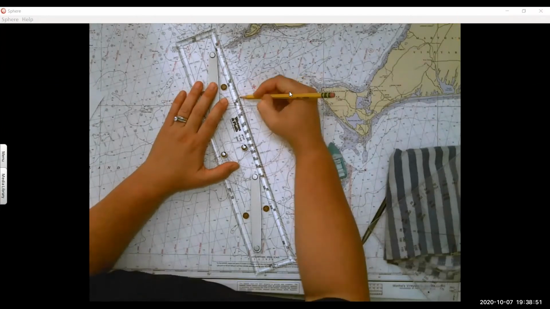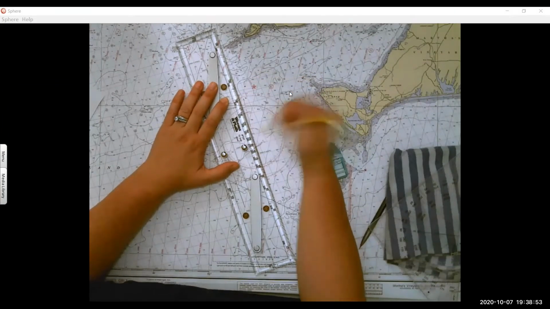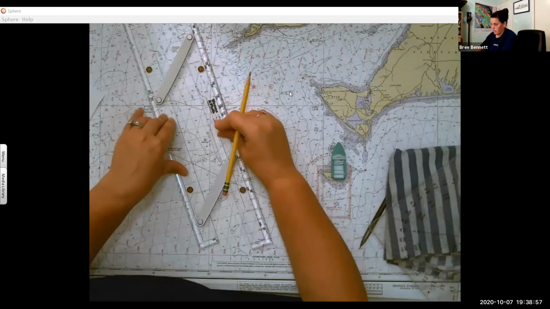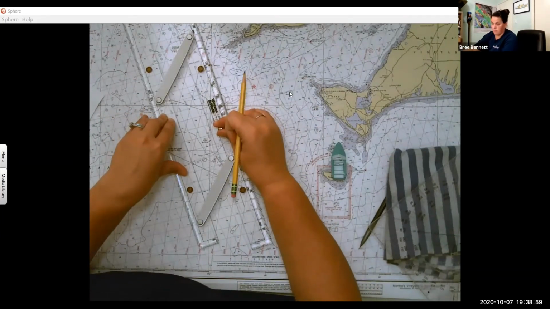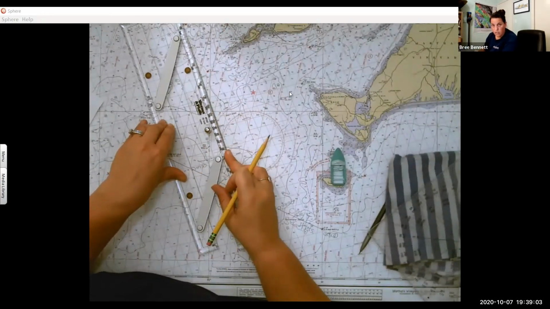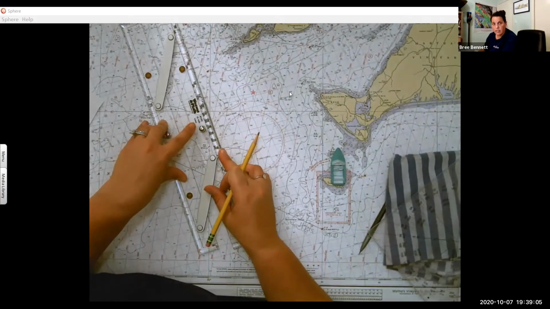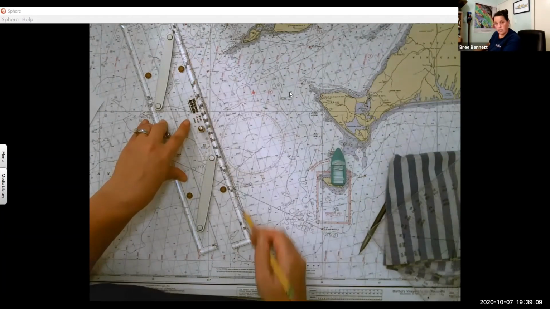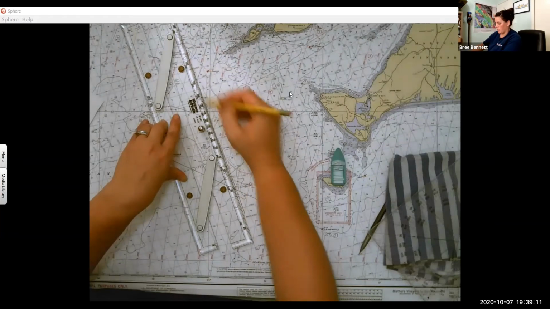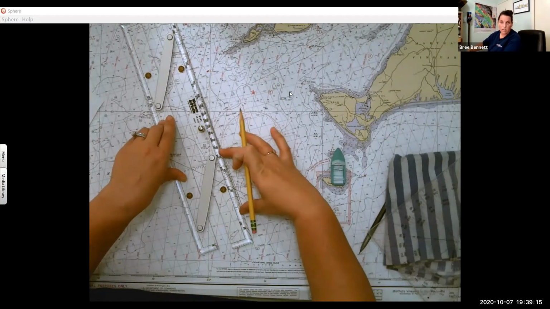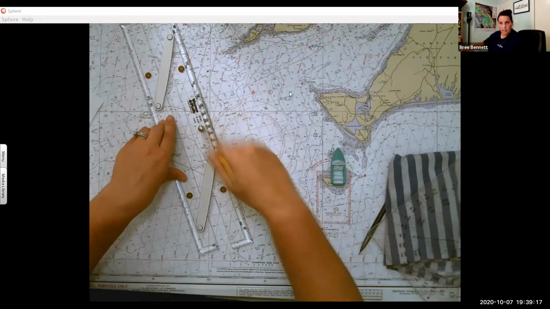So I have 340, and then you walk this guy right until it gets in line with the light, and then I draw from the light. So you can do dash, dash, dash somewhere, 3 to 4 inches where you think you are, solid line.